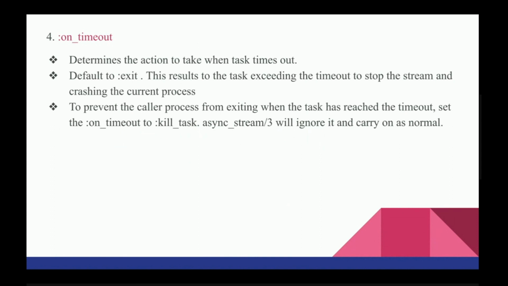So for us to prevent this process from exiting when the task has reached the timeout, we can set the value to kill task. And this will mean that the async stream will be able to ignore the task that is taking longer to be completed and carry on as normal.